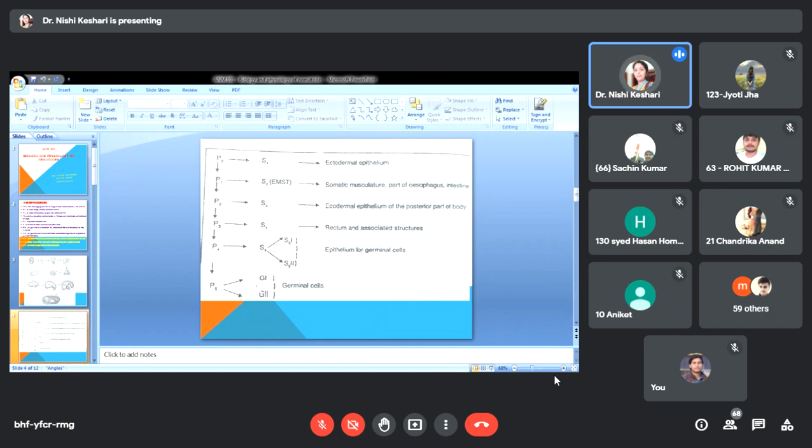Then again P2 forms S3 and P3, and this S3 forms ectodermal epithelium on the posterior part of the body, and P3 again forms S4 and P4. It is very easy to remember, just practice two to three times and you can remember it.